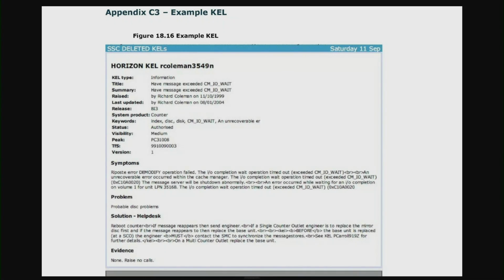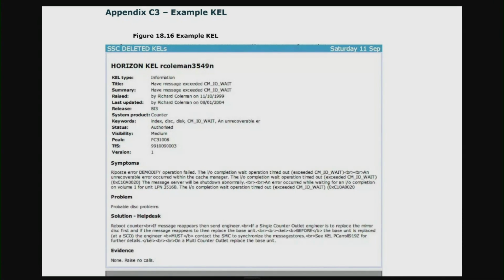And so you've explained what the problem and the solution was, or what those parts of the KEL were intended to achieve. In terms of distribution or availability, viewability of the KEL, is it your understanding that the KEL system was available in read-only mode to the first line support, that's the Horizon Help Desk?